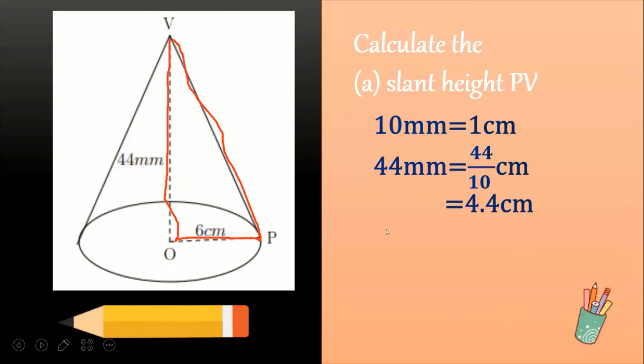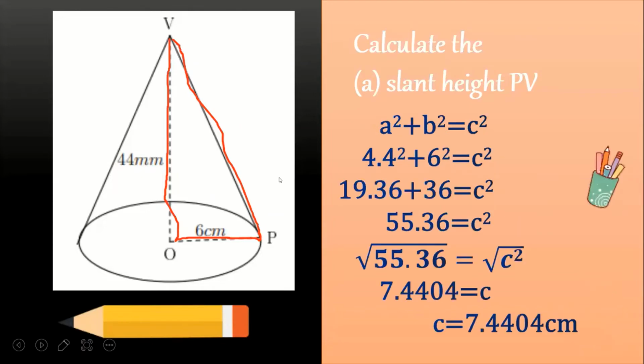We'll continue to find the slant height PV, and we shall use Pythagoras Theorem, which states that a squared plus b squared is equal to c squared. We shall use our 4.4 centimeters squared plus 6 centimeters squared, which will be equal to c squared.